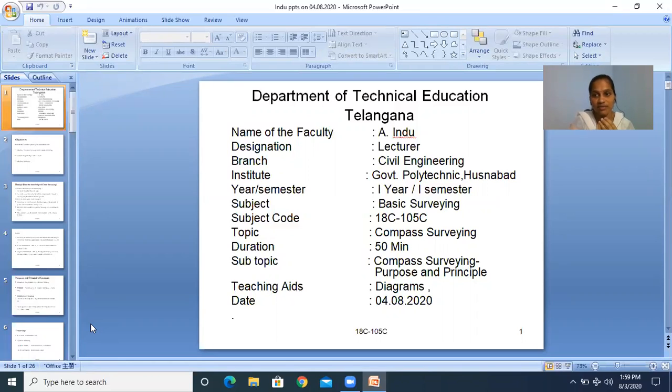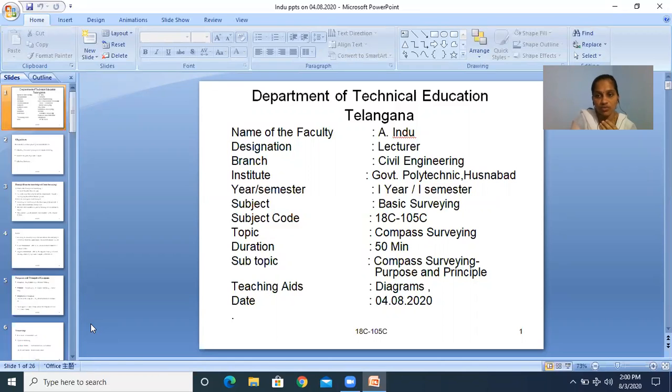In chain surveying, we discussed the principle and purpose of chain surveying. The principle is chain triangulation, and we went through the different instruments used in chain surveying.